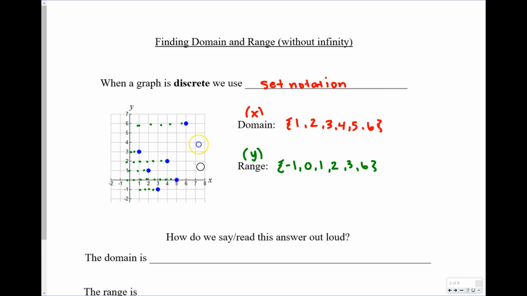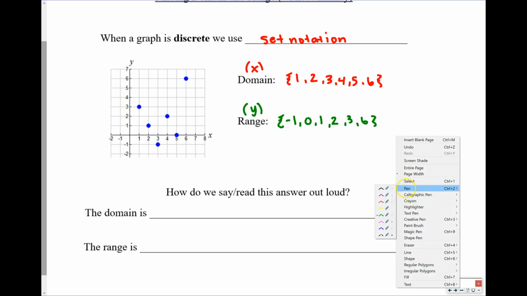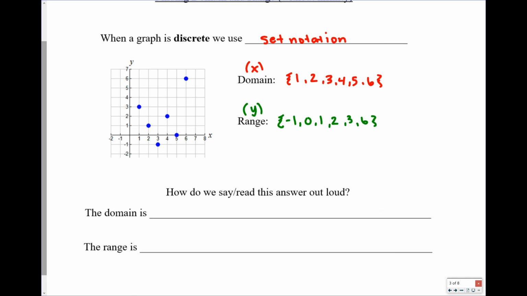Okay. Now, another really important part of domain and range is being able to read it and speak it out loud. That's really critical. So with a discrete graph, when I ask you what is the domain and you have to say something out loud, remember a domain is all of the possibilities of points.